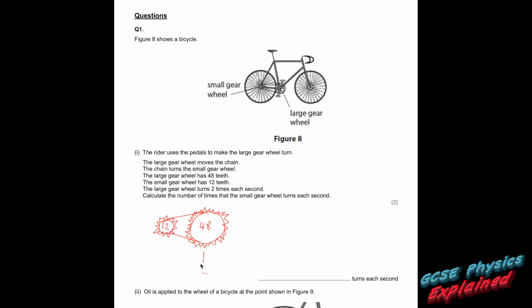So if the large cog turns once, the small cog is going to turn 4 times. In this question, it says that the large gear wheel turns twice, which means that the small cog will turn 8 times.